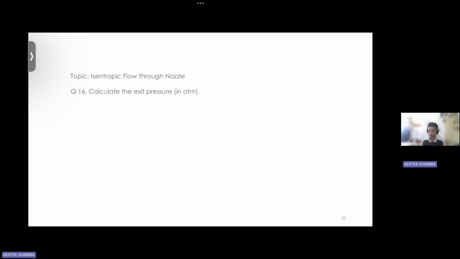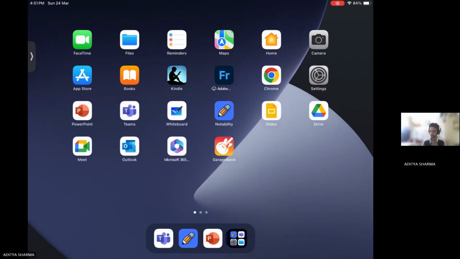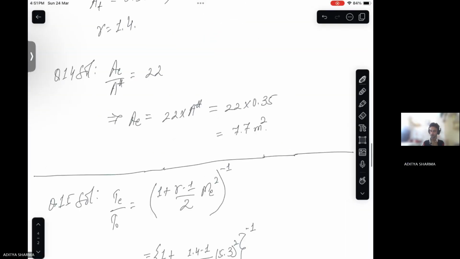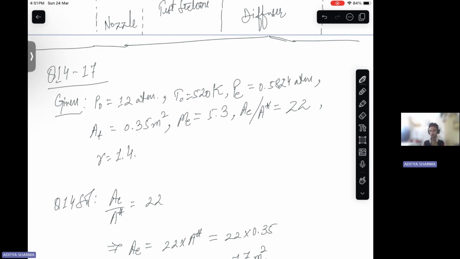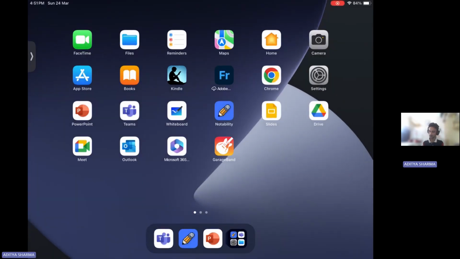Now let's see the next question. So the next question is calculate the exit pressure. Again we will use these isentropic relations. Because they have asked exit pressure, we have Mach and we have P naught also, so we can do that.